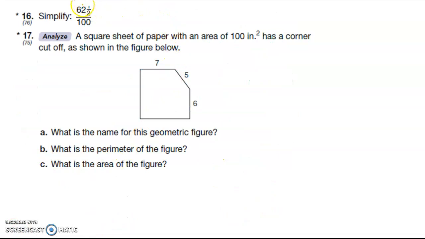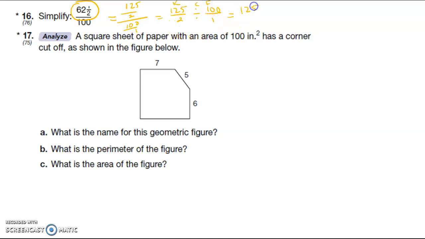Okay, so this is like the one that we did before. Go ahead and pause it and see if you can do this one on your own, and come back and check your answer. So what we have to do is we have to popcorn this. So we get 2 times 62, which is 124 plus 1, so 125. 125 over 2 divided by 100 over 1. So this is keep, change, flip.